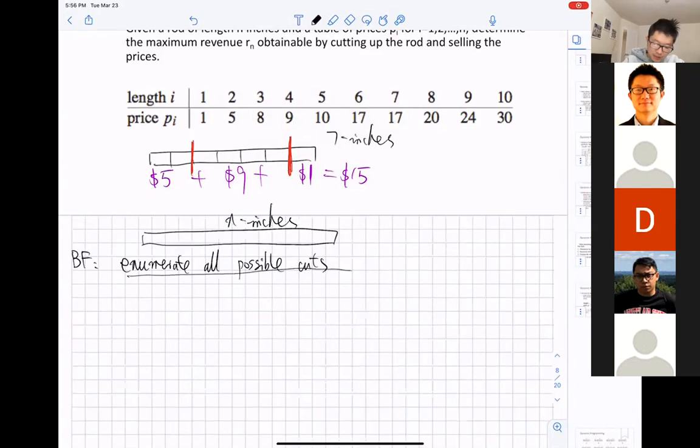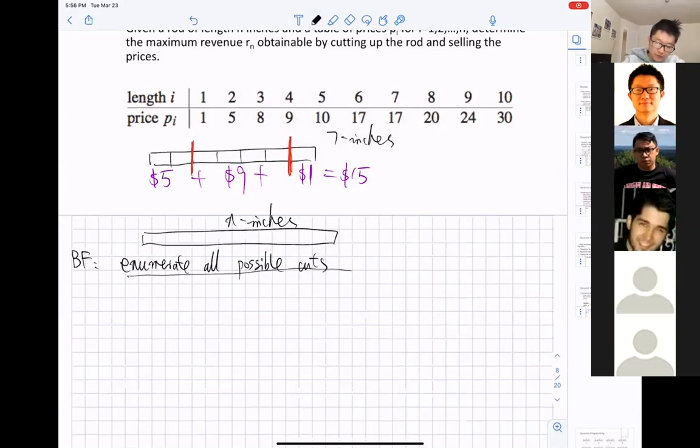Let's say first, if we have a rod of length 1 inch, when n equals 1, how many ways do we have to cut this rod? Just one way. The number of cuts is also 1.